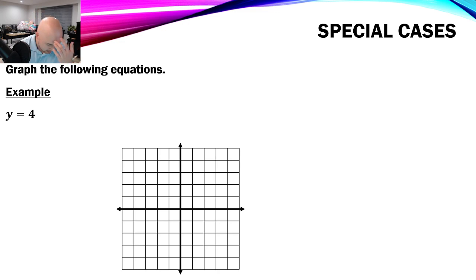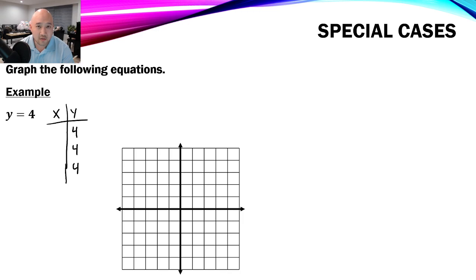So what I mean by that is if we make a table, like an XY table, what this equation is saying is no matter what, your y value will always be equal to 4 every single time, right? So what that means is in your y column for your table, it's just going to be 4 no matter what. It doesn't matter what your x value is. It will always be 4 for your y value.